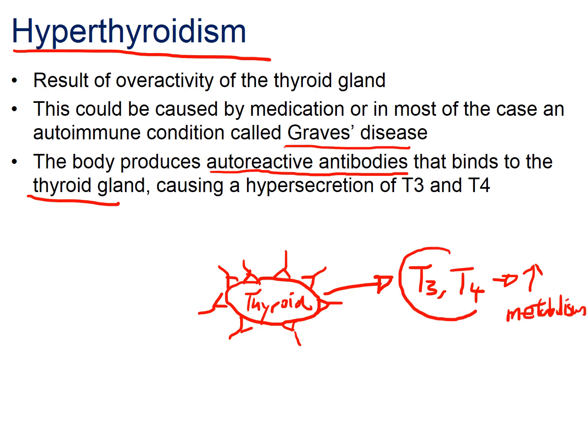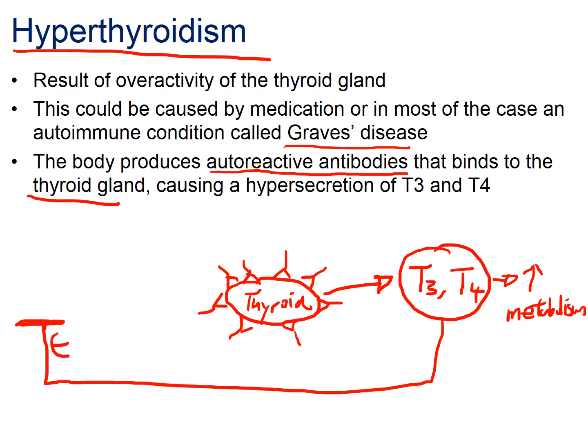Let's think about what the T3, T4 will do to the hypothalamus and the anterior pituitary gland. These T3, T4 will go back to your hypothalamus and suppress it with negative feedback control. In the presence of high T3, T4, your hypothalamus will decrease the TRH secretion.